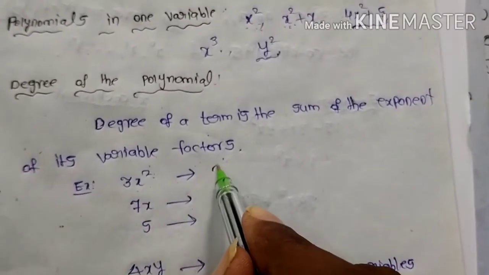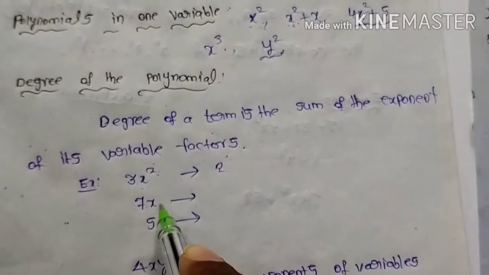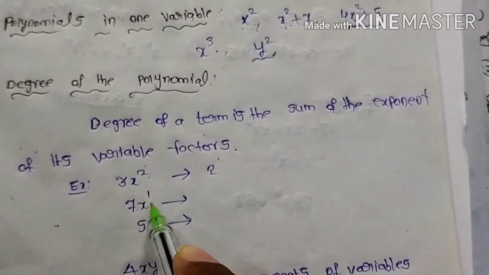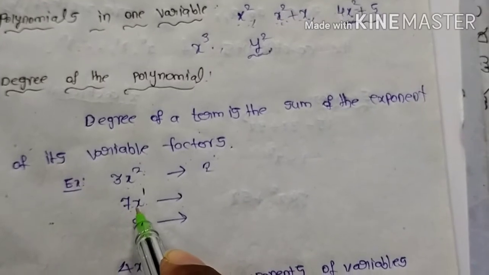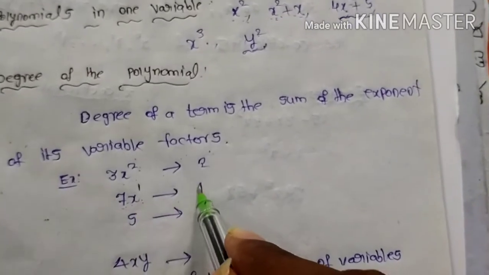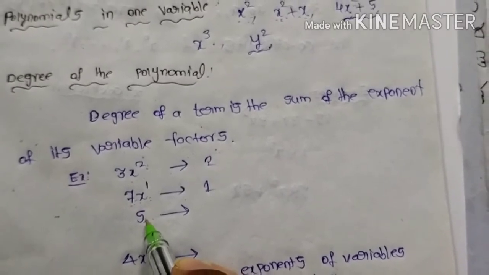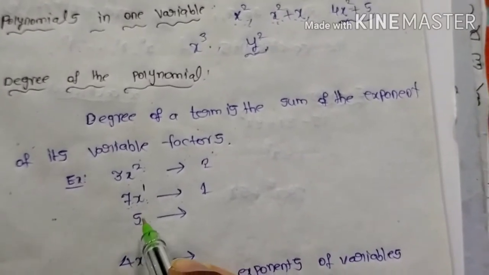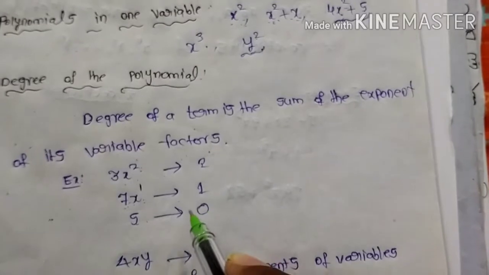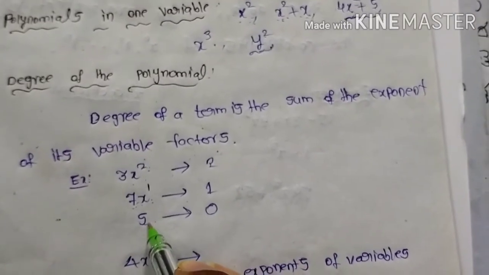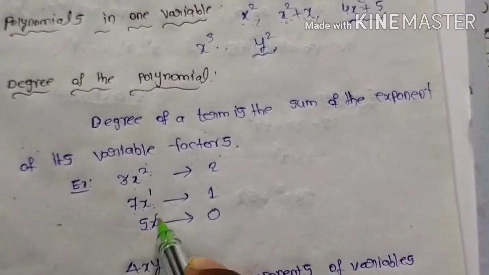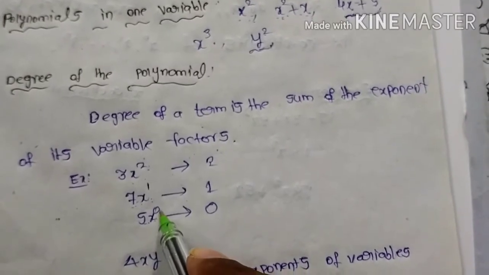That means the degree is 2. Next, 7x: what is the power of x? 1, so the degree of this term is 1. See here 5: remember that for a constant term the degree is always 0. Why 0? Because x is not available, so can I write x to the power 0? You know that x to the power 0 is equal to 1, yes or no?